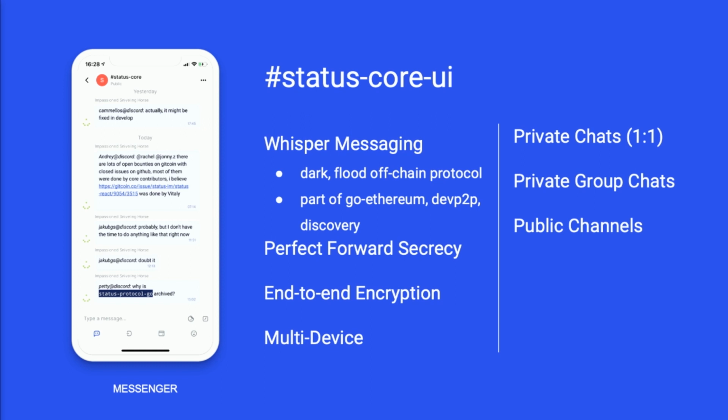On top of Whisper, we've added perfect forward secrecy and multi-device support so that you can have the same account on different devices. That is supported for private and group chats. And then we also have public channels, but of course there you cannot expect privacy or whatever.